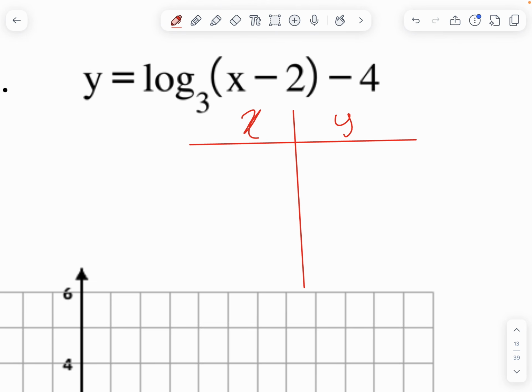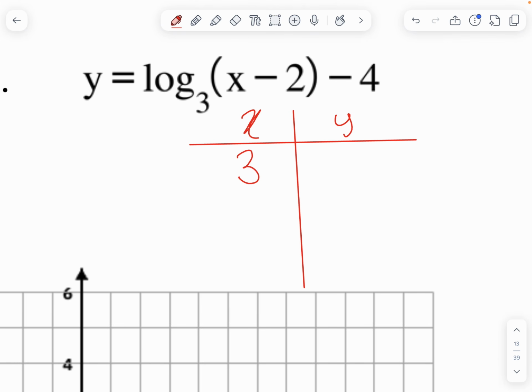So let's plug in 3. If we plug in 3, hang on. Just need to put it in again since I did it wrong. So if we plug in 3, 3 minus 2 is 1. So log base 3 of 1 is 0.